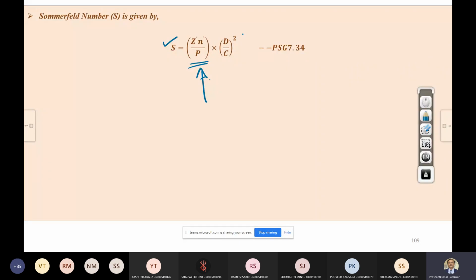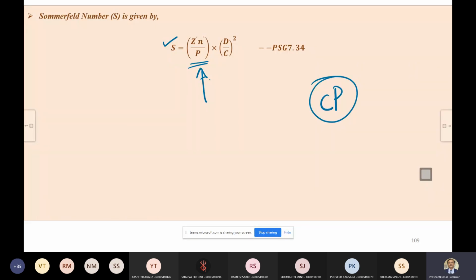Now, in this bearing characteristic number, in actual practice, the value of your Z, that is the absolute viscosity, is given to us in centipoise.